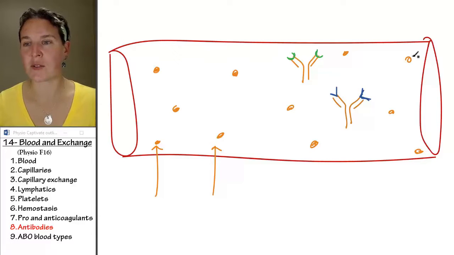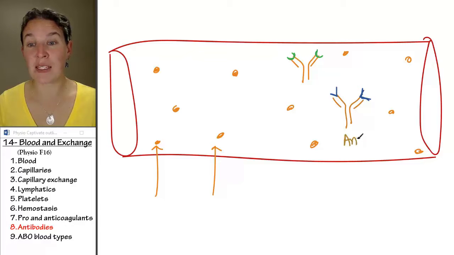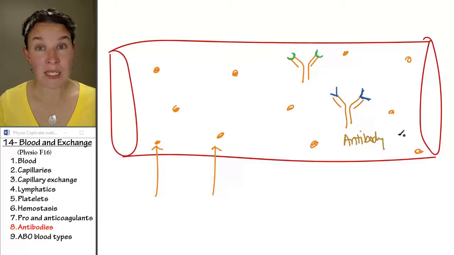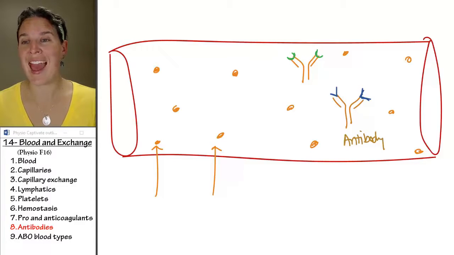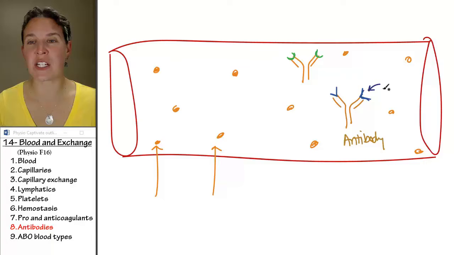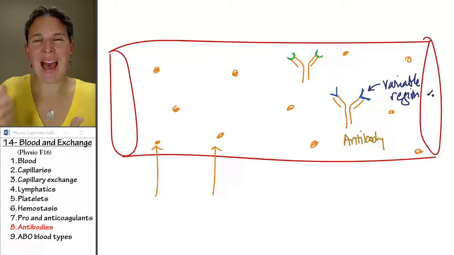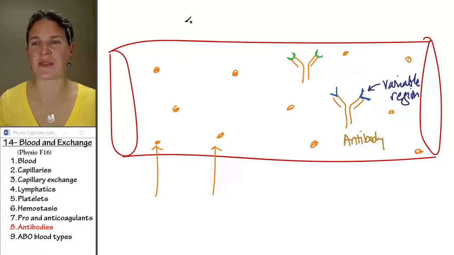So check this out. Antibodies are plasma proteins that are involved in the immune response. They have a variable region that matches to an antigen.